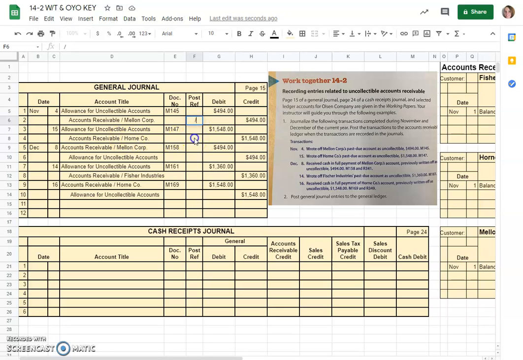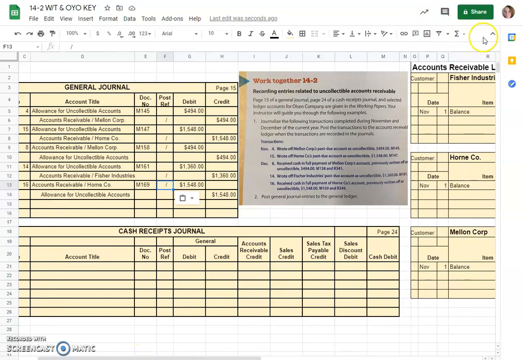And this one, same thing. You post this one twice, this one twice, this one twice, this one twice, because you go to both the general ledger accounts receivable and to the accounts receivable ledger for the individual companies. So let's go ahead and post to these companies.